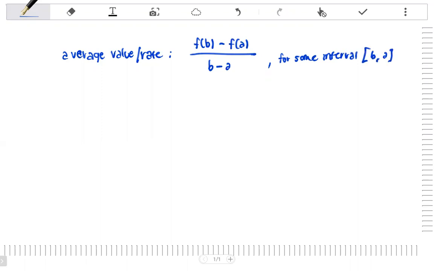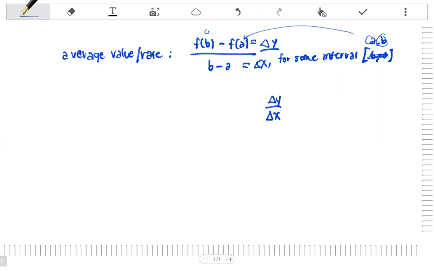It's the same thing as delta y over delta x, but here it plugs it in for you. So we plug in B for this, and we plug in A for here, and we do B minus A. This becomes delta Y, and this becomes delta X.